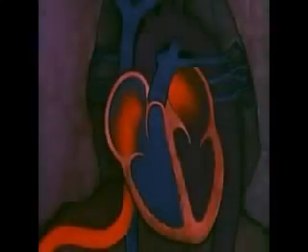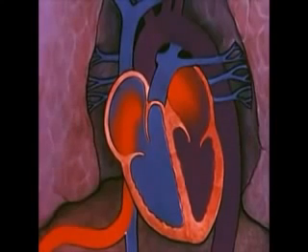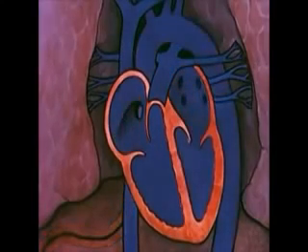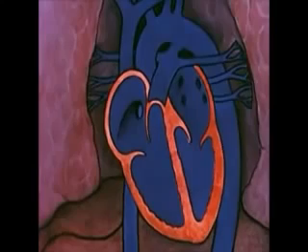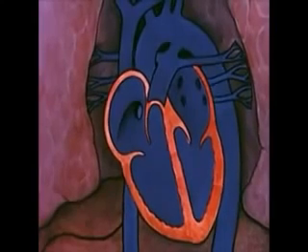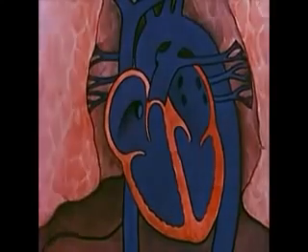Within a very few minutes after delivery into the external world, the supply of oxygenated blood from the placenta is interrupted. If the infant is to survive, respiratory exchange in the lungs must be promptly established. As the lungs become inflated, the resistance to pulmonary blood flow is markedly reduced.